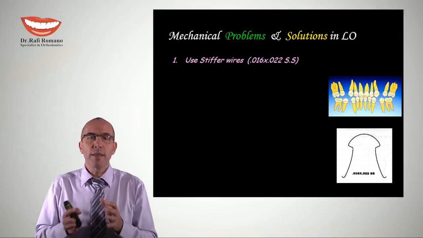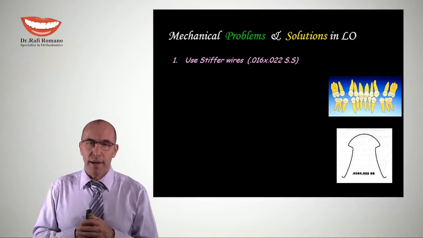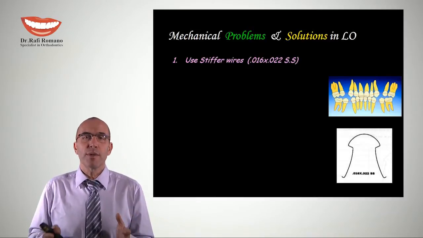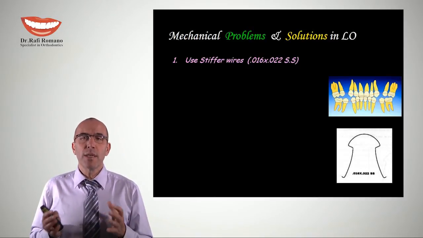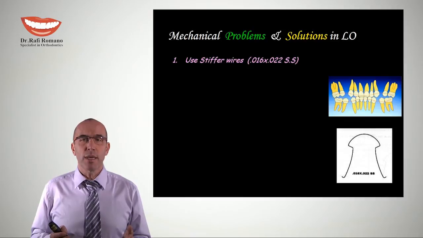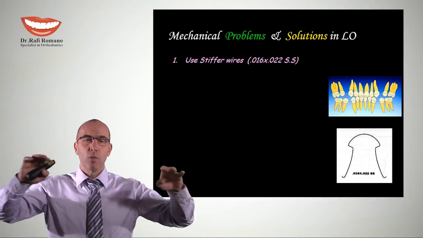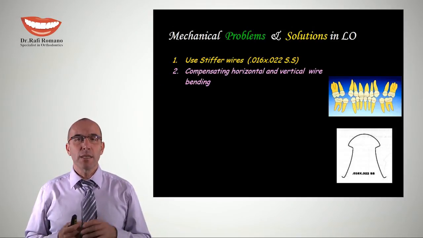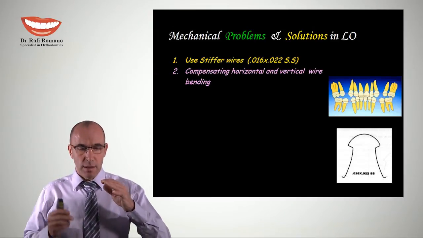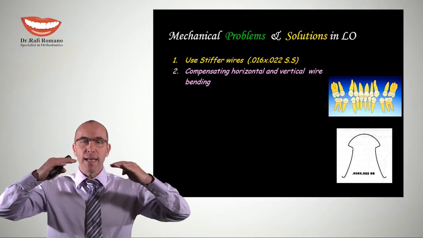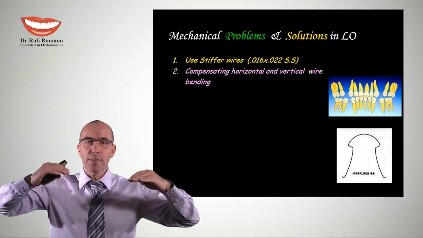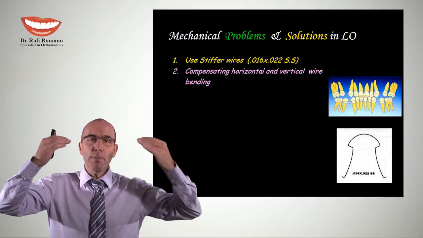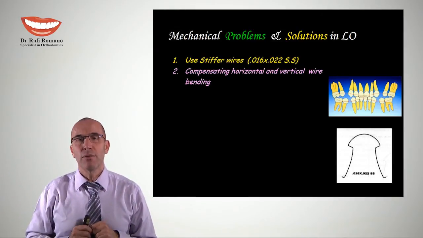So, what are the steps to avoid this Boing effect? The first one is, of course, to use stiff wires. When we use stiff wires like 16 by 22 stainless steel, the wire will not bend when we apply force. The second is we can compensate for this Boing effect by creating reverse bends, which are the opposite of this Boing phenomenon.